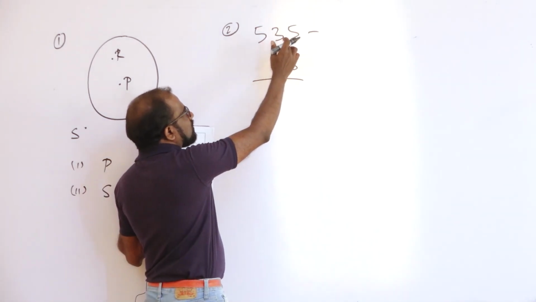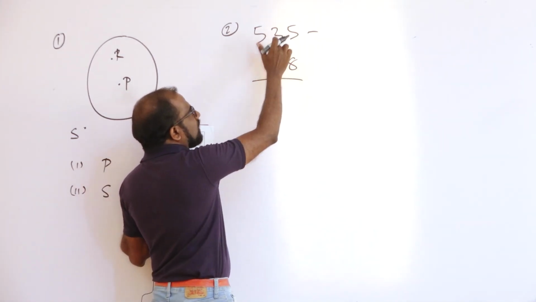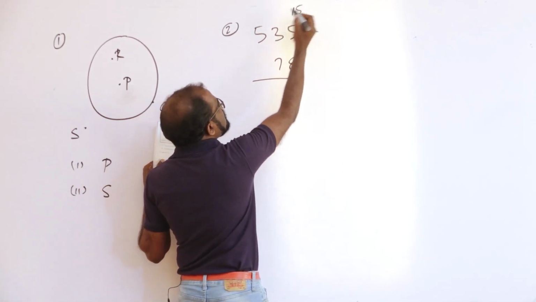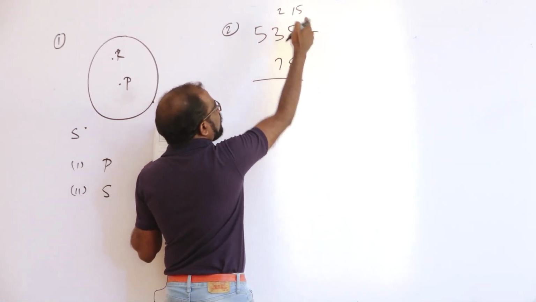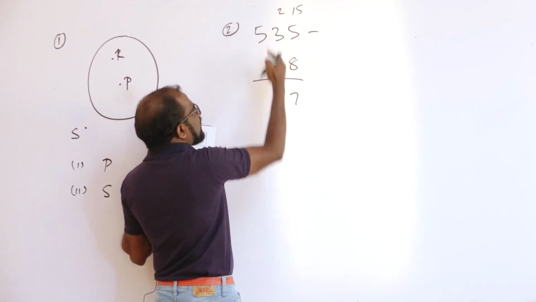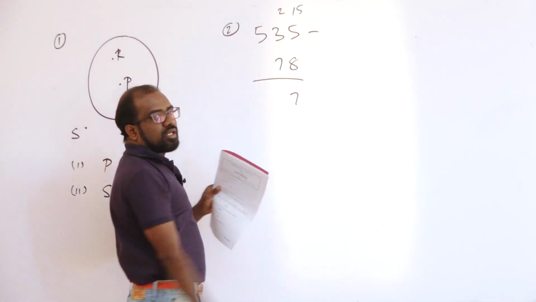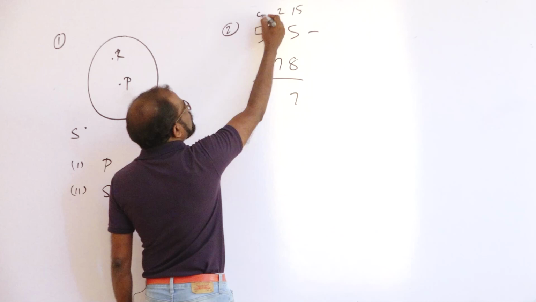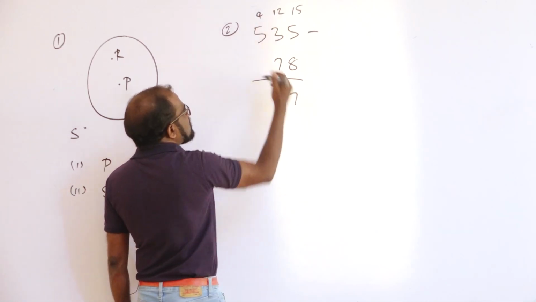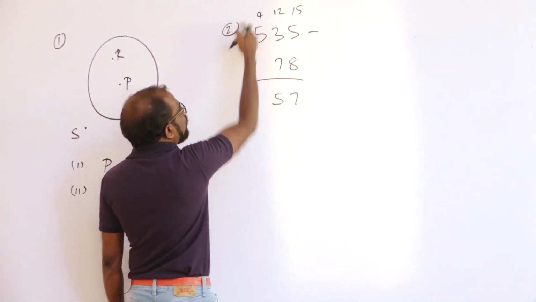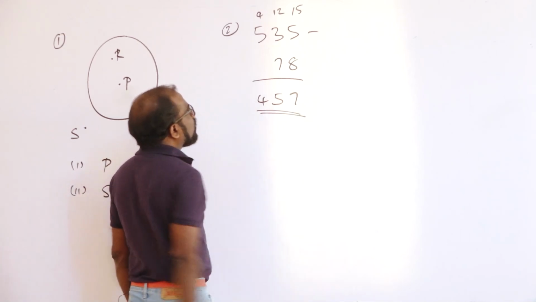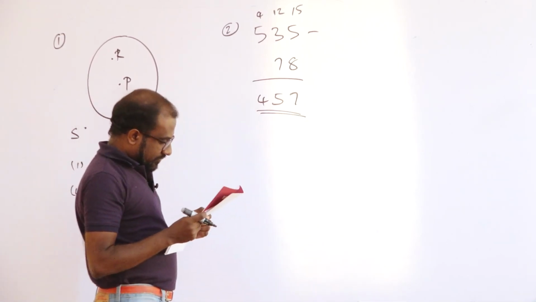You cannot subtract 8 from 5, so take 1 from 3. Then 5 becomes 15 and 3 becomes 2. 15 subtract 8, 7. Again you cannot subtract 7 from 2. Take 1 from 5. 5 becomes 4 and this 2 becomes 12. 12 subtract 7, 5. 4 comes down. The answer should be 457.